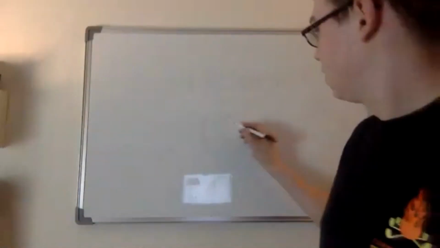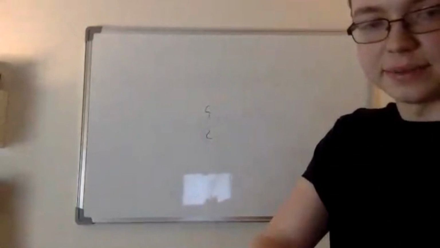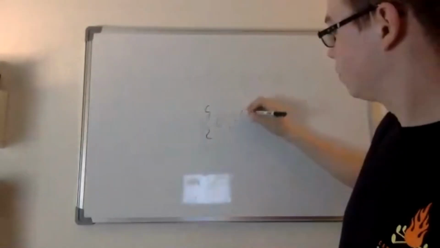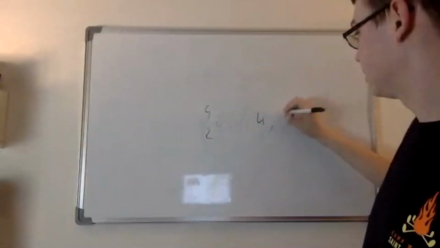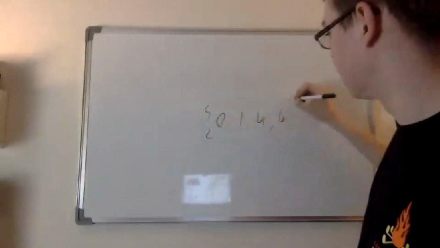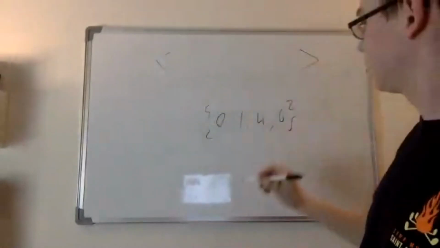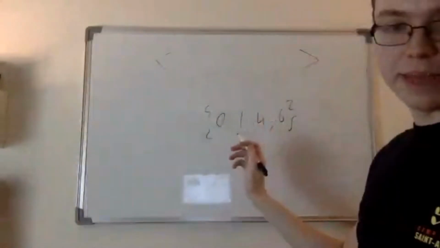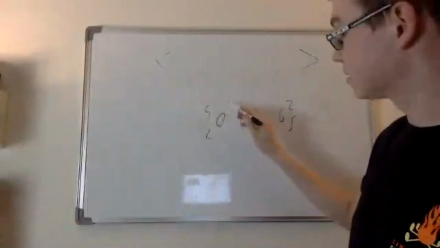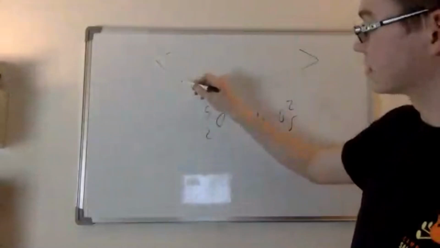So the set I'm going to use as an example is this: 0, 1, 4, 6. Oh, might need a new marker soon. So if we do the same thing again, we check every pair of notes. Starting from 0, if we go to 1, we have one instance of interval class 1.